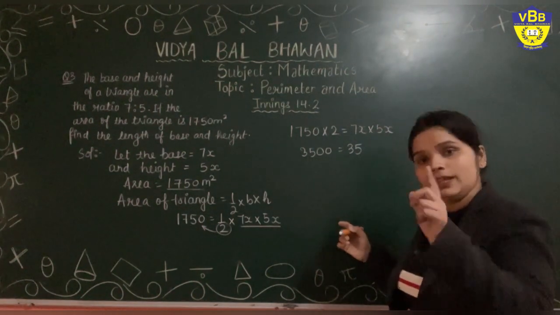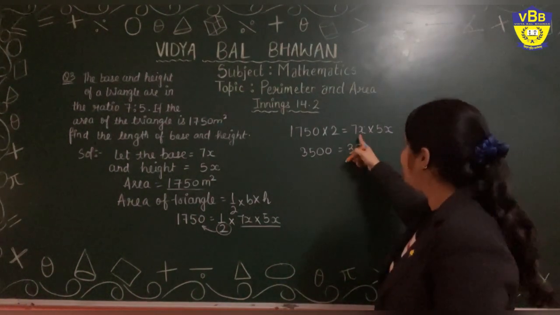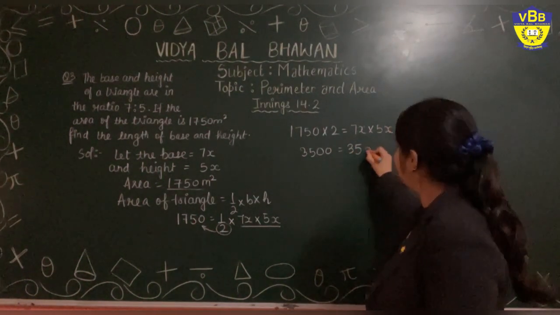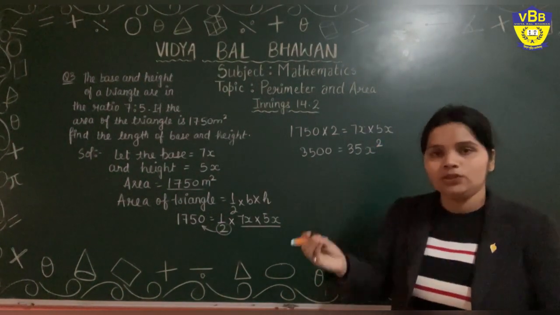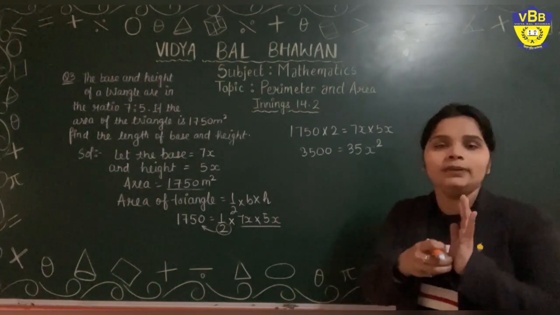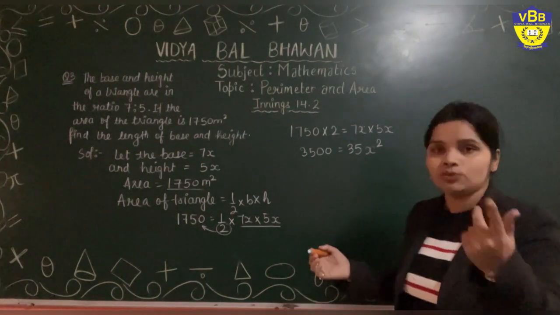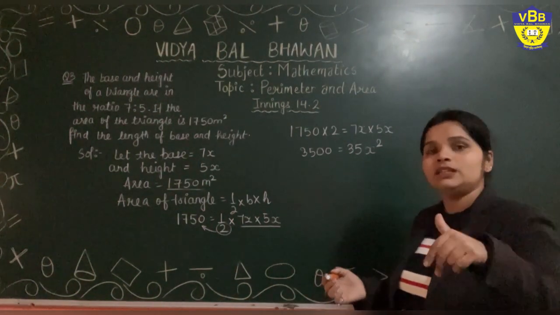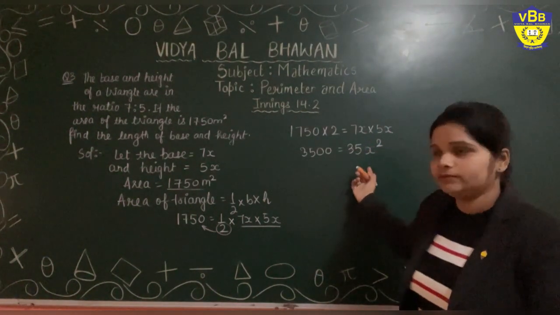A number multiplied by itself becomes the square of the number. That means if I am multiplying this x with x, it will be x square. As we write 2 multiply 2, as we have already studied exponents and powers, 2 multiply 2 is basically 2 square, 3 multiply 3 is basically 3 square. So x multiply x will be equals to x square.